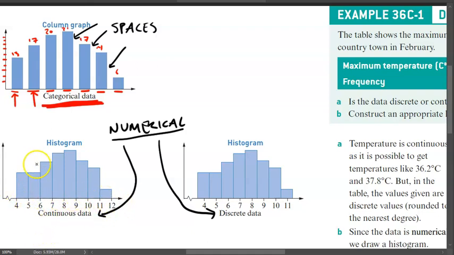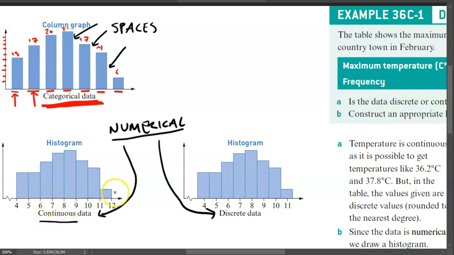So for instance, this histogram that's considered as continuous data, I might ask a question. Just trying to think of a question that has to do with the context between 4 to 12. Maybe you can think of a question that says, what is the measurement of your thumb in centimeters?